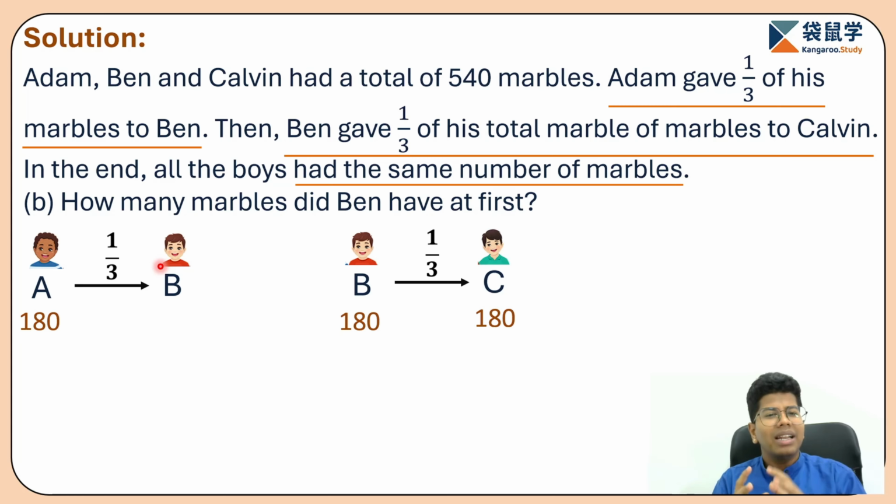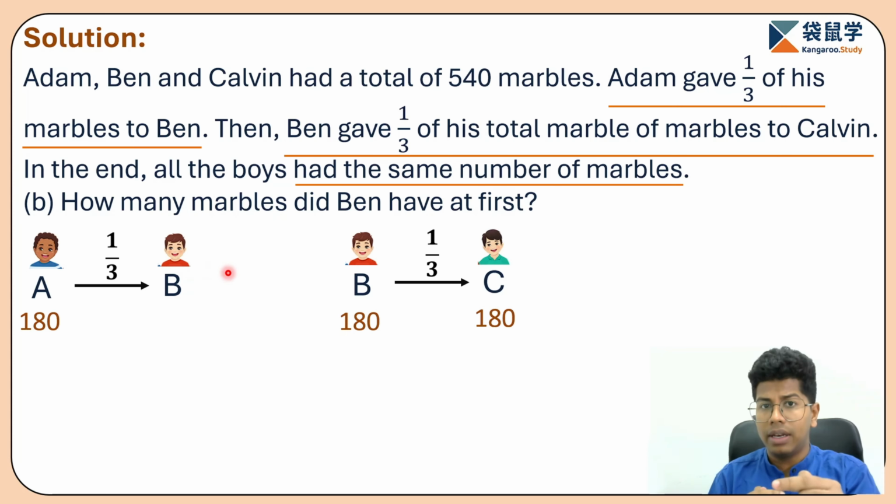Now, the part that is really confusing and complicated is that we have to find out how much value Ben had at first. We know the final result here, that after giving they have 180. But I need to find out the start, and the process is also given.